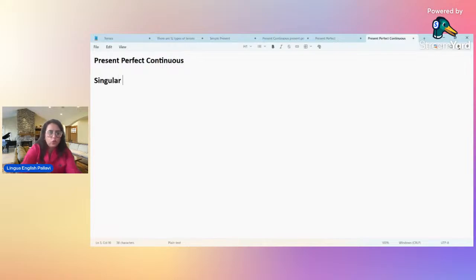So the rule goes like this: singular subject plus has or have been plus V1 plus ing plus object, and one more thing, plus since or for.